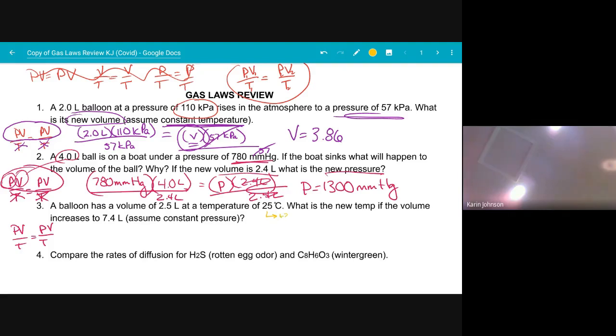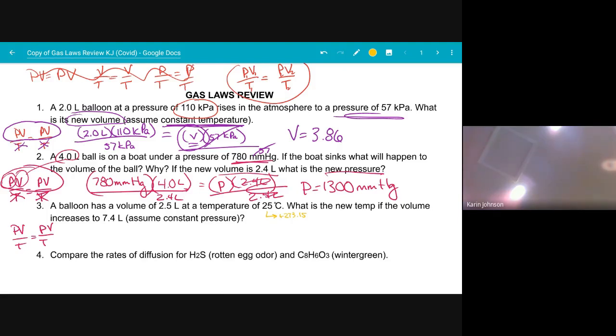So plus 273.15 every time. Never, ever, ever write anything in Celsius for these problems. You're just going to have to trust me on that one. Kelvin is much better. Okay, so it says, what is the new temperature if the volume increases to 7.4 liters? Assume constant pressure.